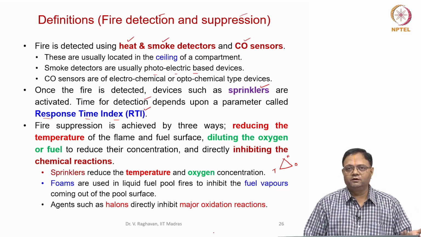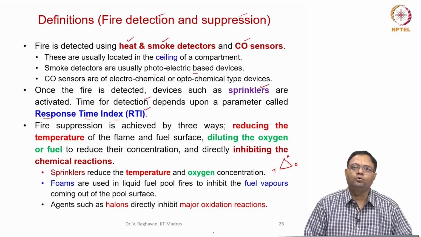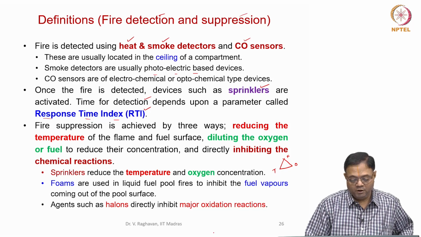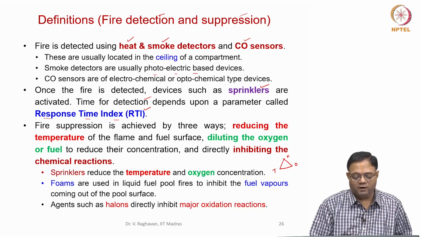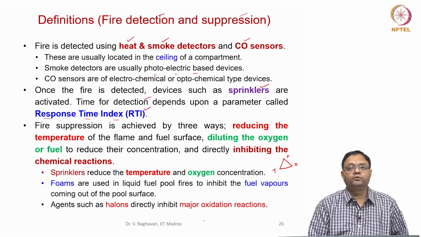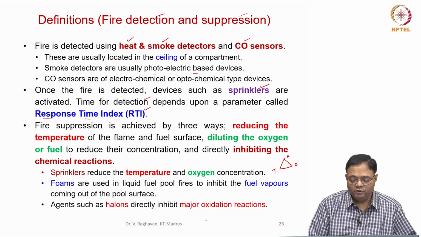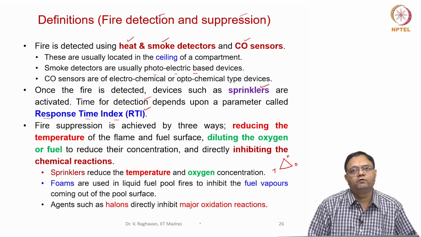So, we have seen the categorization of the fuel sources and how to suppress them. If you take sprinklers, temperature and oxygen concentration will be reduced by them, but please understand, you cannot use them for electrical fires or liquid fuel fires.